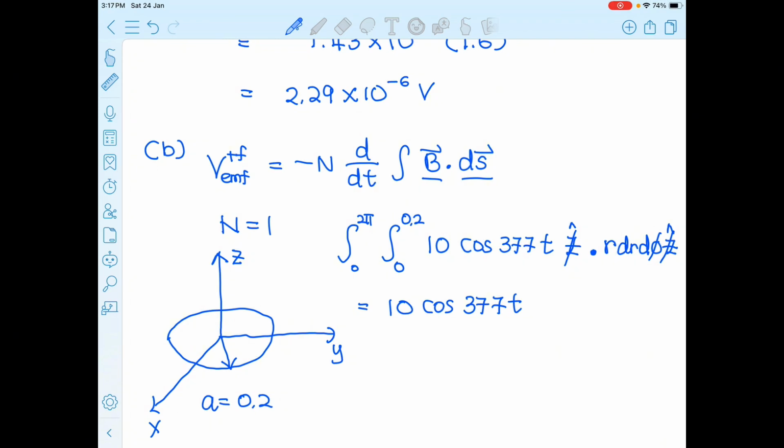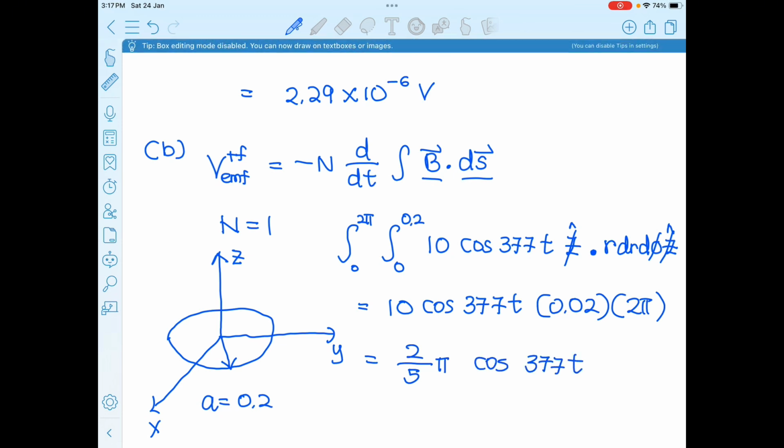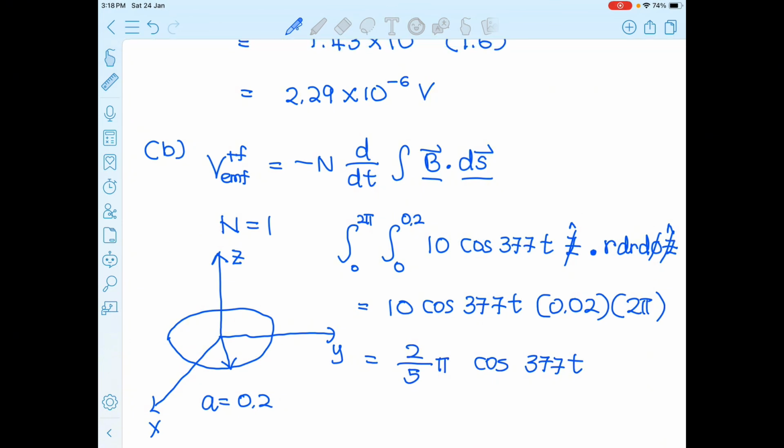You integrate r from 0 to 0.2, it is 0.02, so this is the integration for the dr, and for the dphi it is 2 pi. You can multiply them together, so it will become 2/5 pi cos 377t. So this is this part.